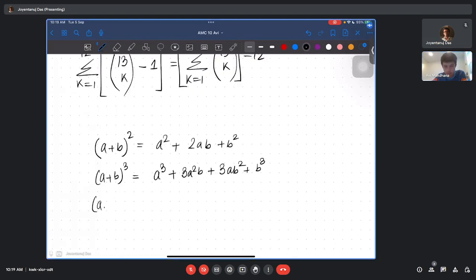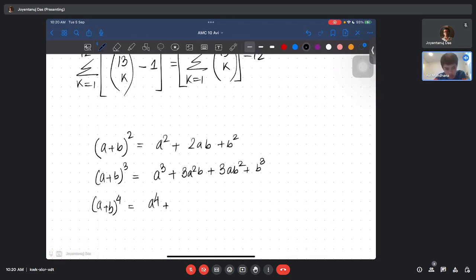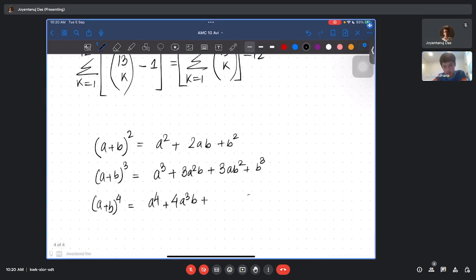What about power 4? a to the power of 4 plus 4a cubed b plus 4b cubed a. Yes, that term will come.